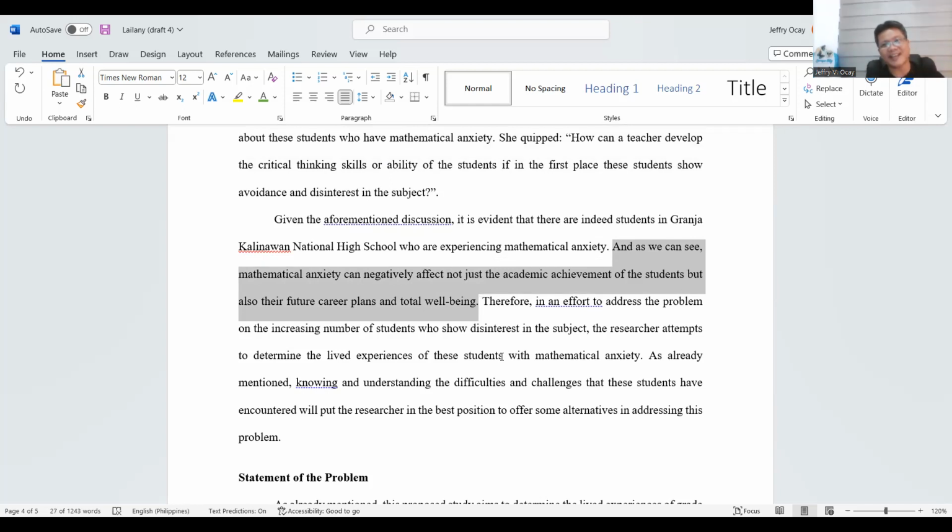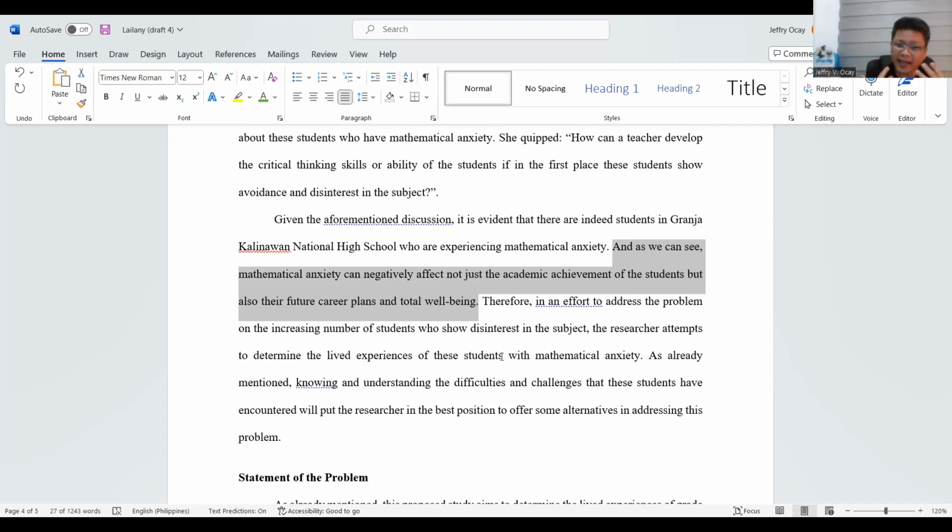If we leave that unchecked, look, it will jeopardize the academic achievements and the future career of the student. Or we can even push the idea further, that if we don't address this problem, then it will jeopardize the quality of instruction in that school or the entire educational system. We will be producing half-baked graduates.